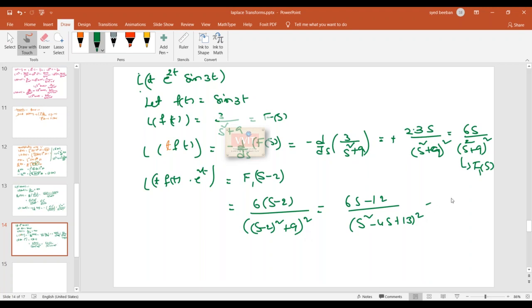So even if we get the multiplication product of t and e power t also, don't panic. It is pretty comfortable. Give e power t the last priority, which makes the problem simple.